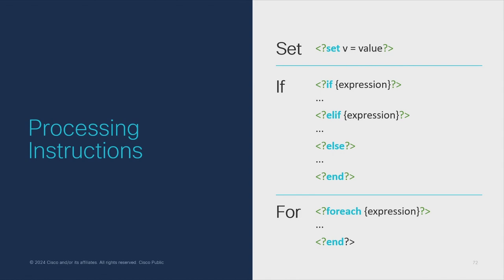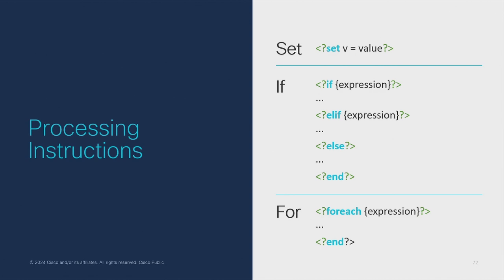So within our template, you think of it as an XML version of the configuration we want to generate with some parameter substitution, but there's also some extra features in there. There's processing instructions, so we can set variables. Anything we put between curly brackets is just XPath, so we can use any functions we want in there to calculate some values.